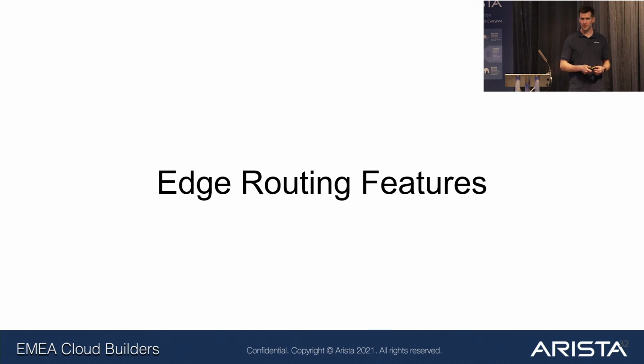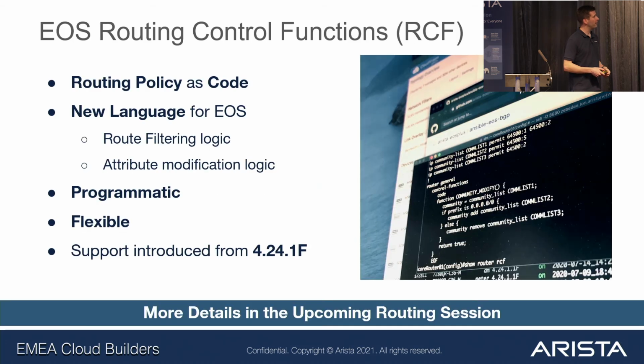So edge routing features that we've added. First of all, EOS routing control functions. This is a new policy language that we've implemented for manipulating routes on a device, as a replacement for route maps.